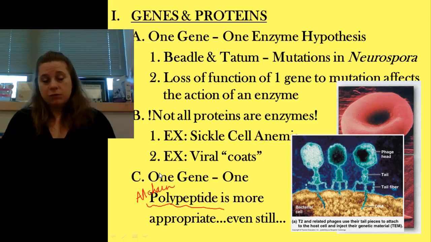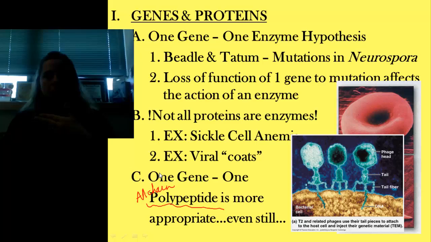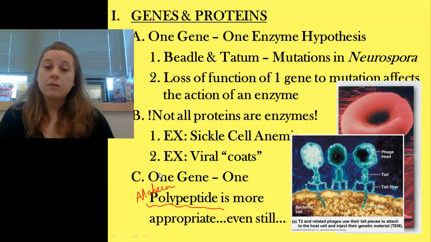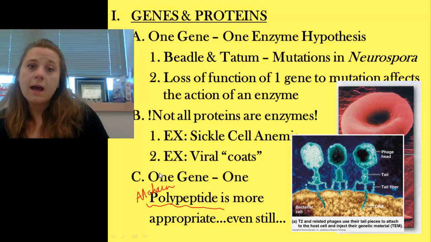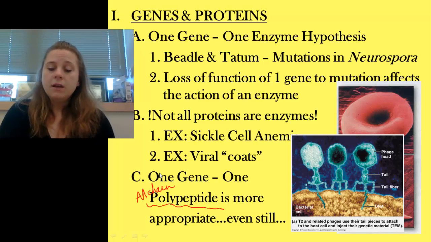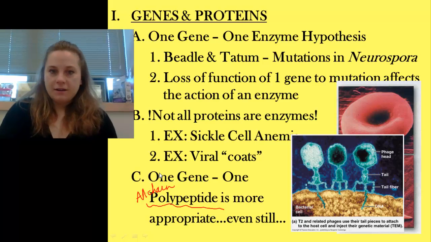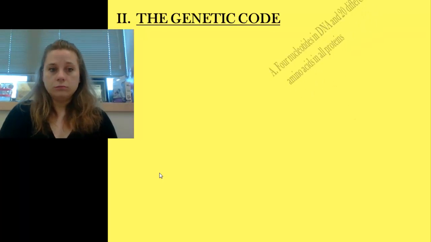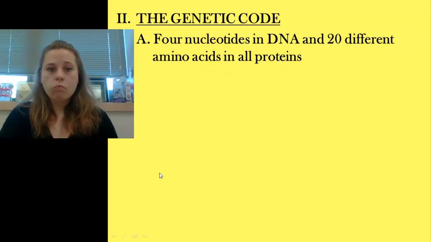It was a great statement for when we had Beadle and Tatum. It was the push for the hypothesis behind the number of genes we were going to have at the end of the Human Genome Project. But we were awful surprised when that ended. All right, so the actual genetic code. Let's talk about that.